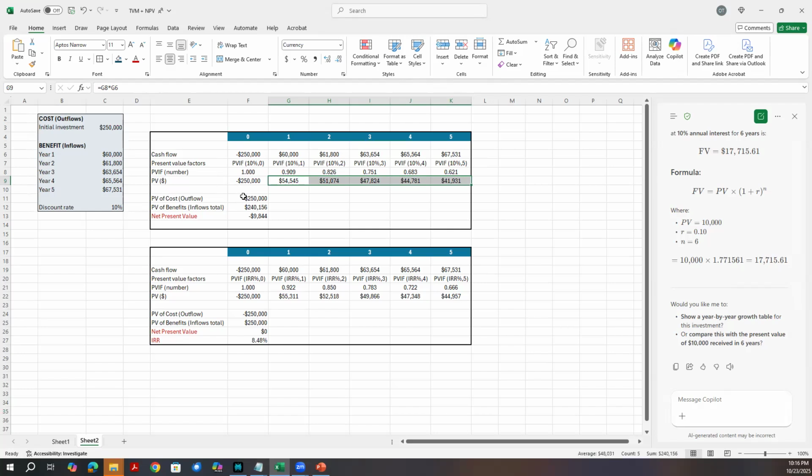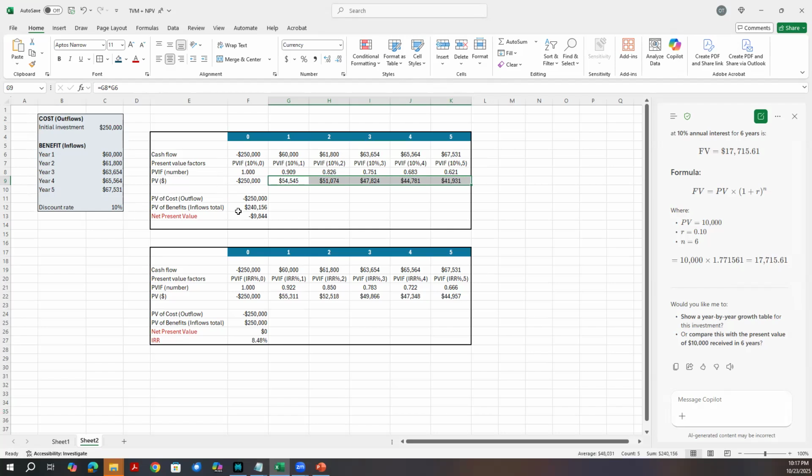My upfront investment is $250,000. So at a discount rate of 10%, my NPV is negative $9,844. The interpretation is that my benefits in present value terms do not exceed my investment, so this is a bad investment to make.